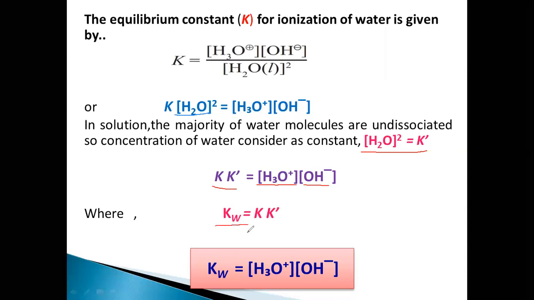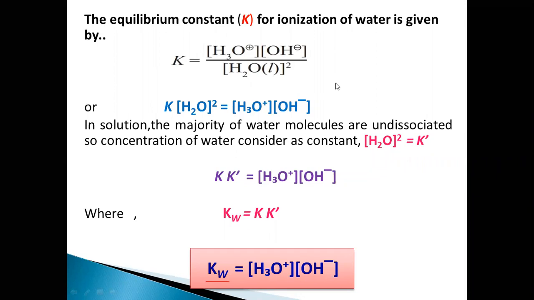So this equation becomes Kw is equal to concentration of hydronium ion into the concentration of OH minus ion, and this Kw is called the ionic product of water.